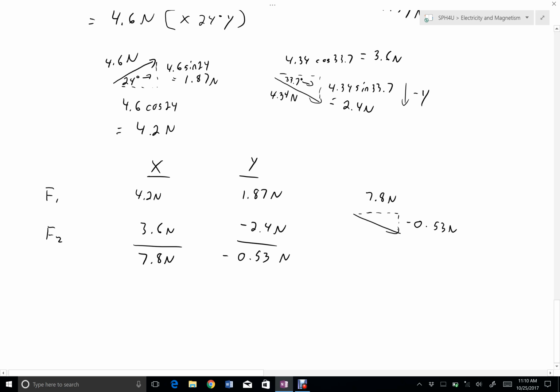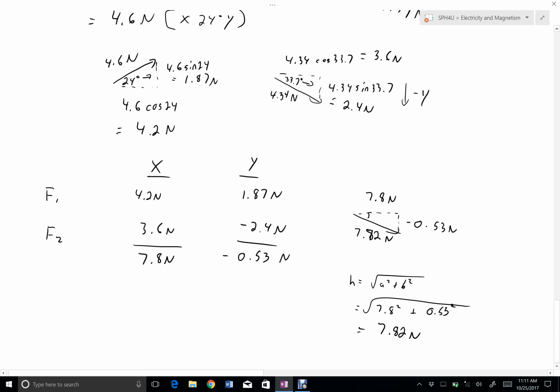So my resultant here, using the Pythagorean theorem, again, h is equal to the square root of a squared plus b squared. So 7.8 squared plus 0.53 squared, square root that, 7.82. So my total force would be 7.82 newtons.